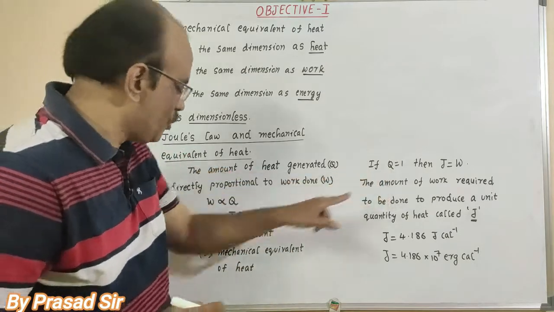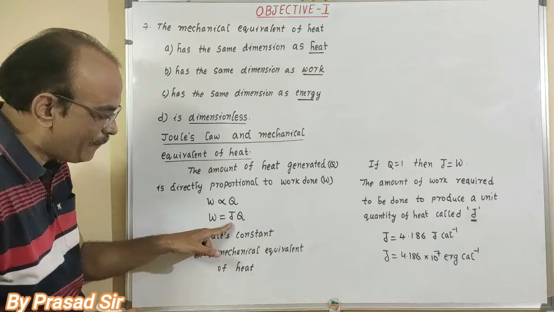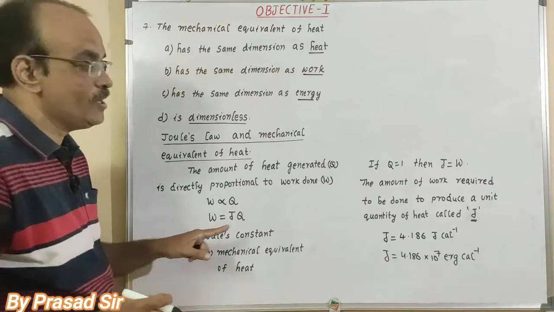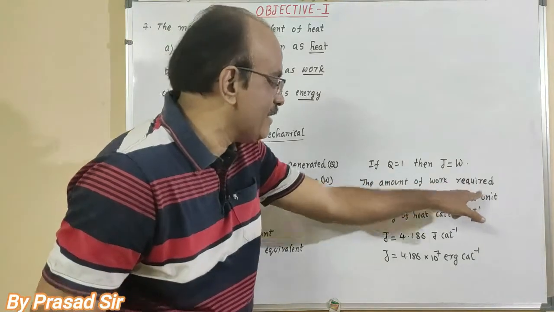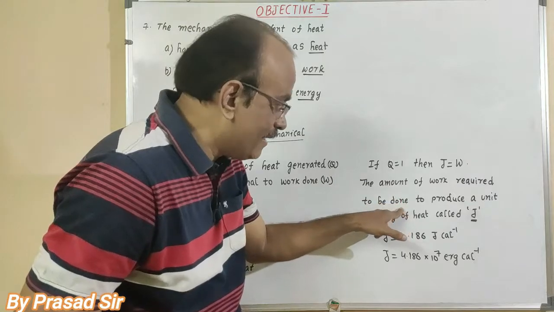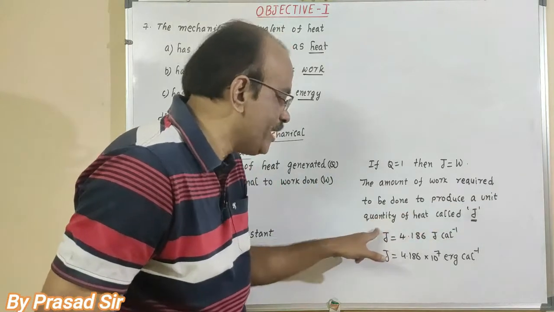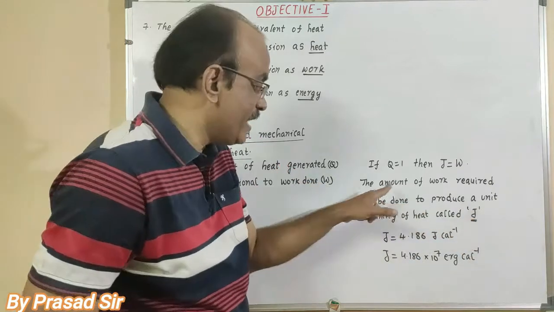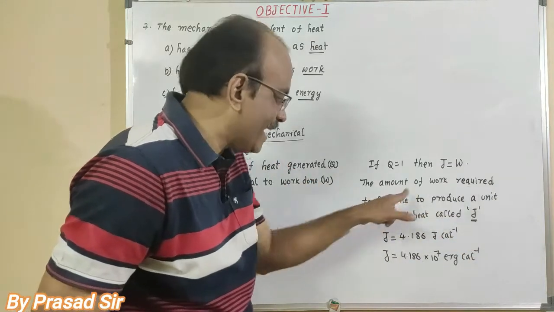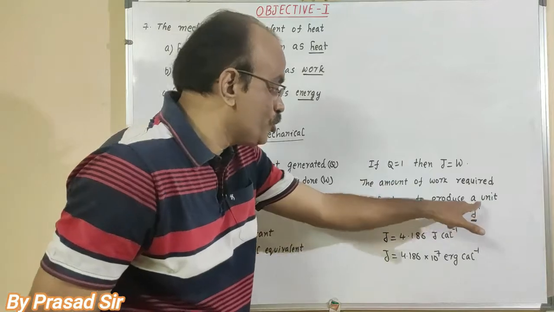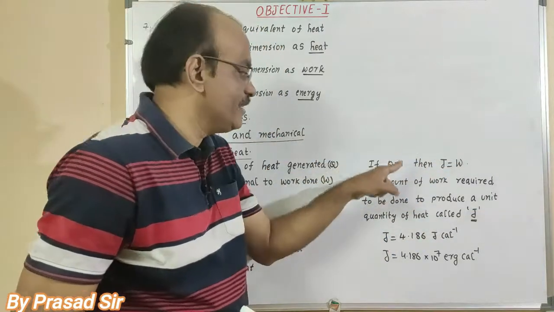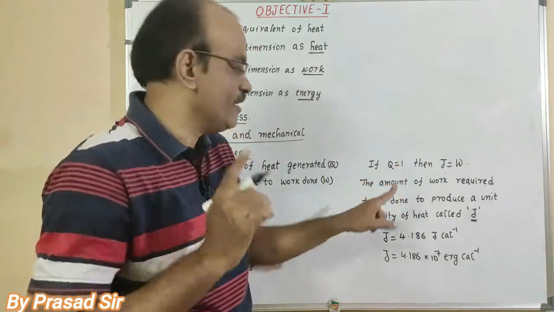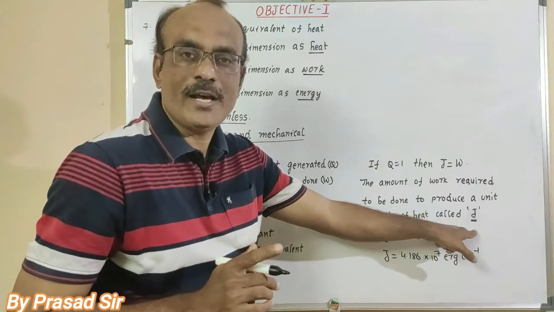If Q is equal to 1, then J is equal to W. So the amount of work required to produce a unit quantity of heat, unit quantity meaning 1, is known as the mechanical equivalent of heat.